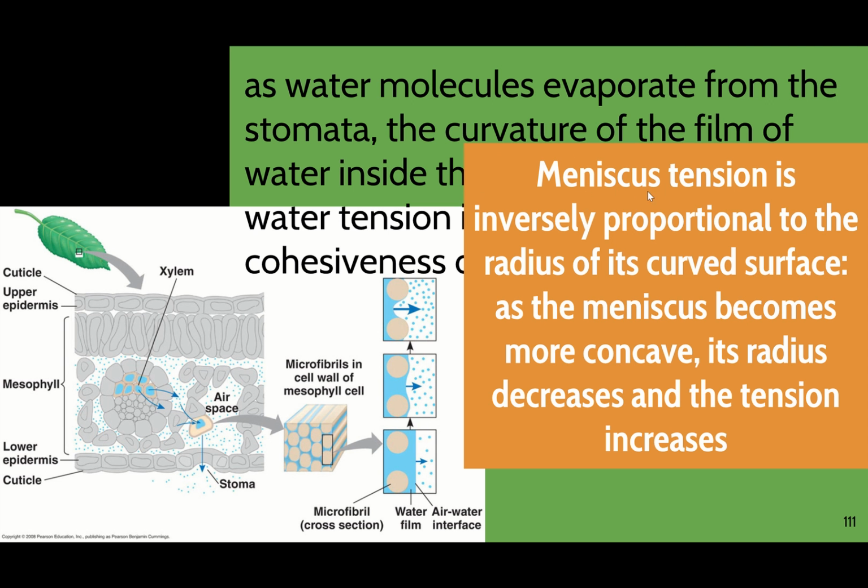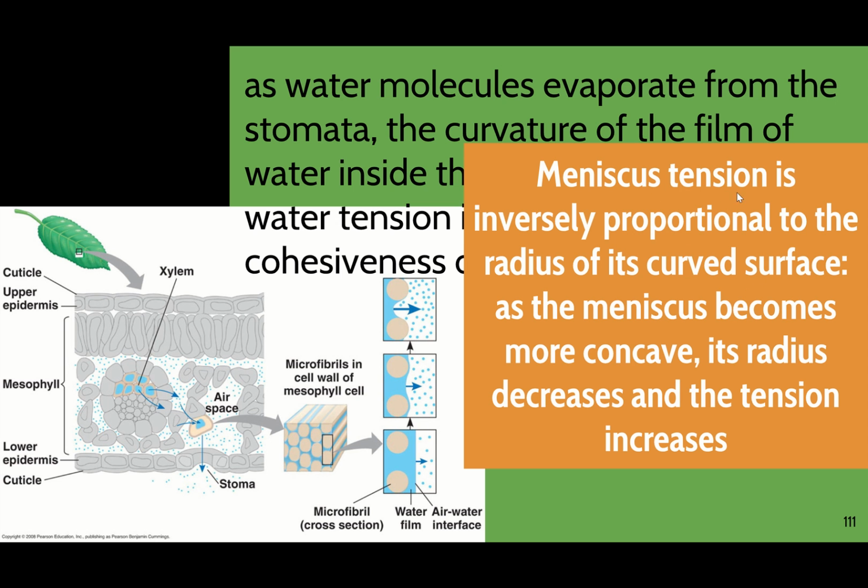So, meniscus tension, the tension due to the curvature of this film of water around the mesophyll cells, is inversely proportional, meaning if it increases, the other thing decreases, to the radius of the curved surface.